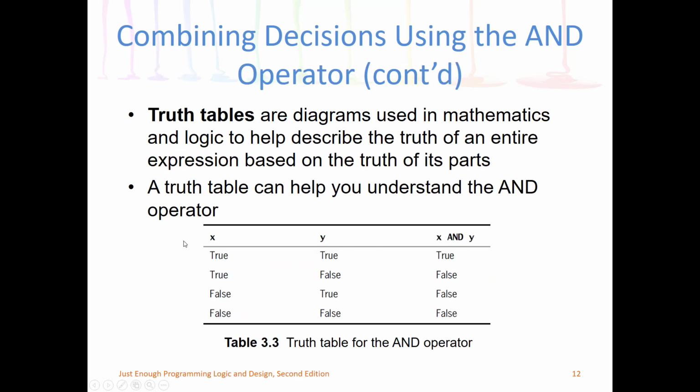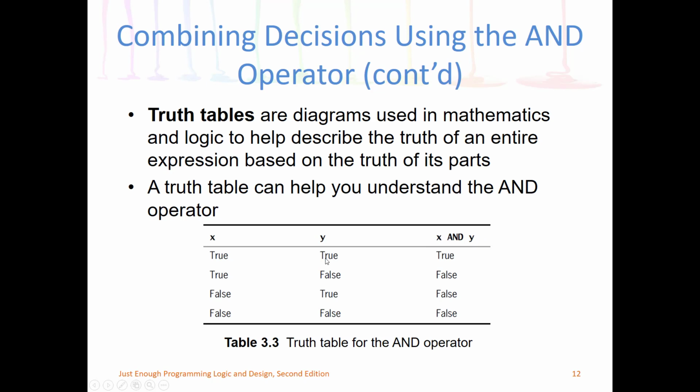But here's a truth table. Here's x and y. If you go back and look at my little, well, they've got it over here, x and y. All right. If they're both true, this whole thing evaluates to true. Eventually, this whole thing is going to evaluate to true or false. Remember that this has to be true and this has to be true for the whole thing to be true.